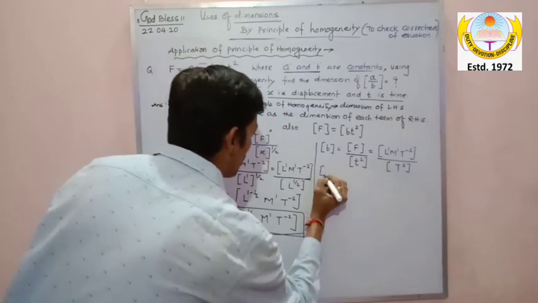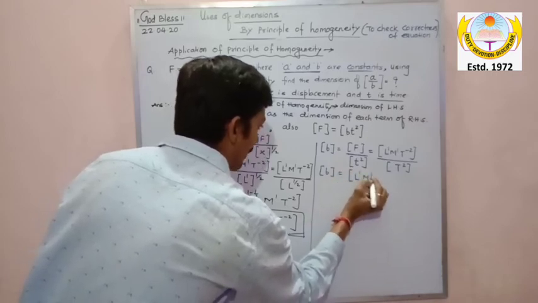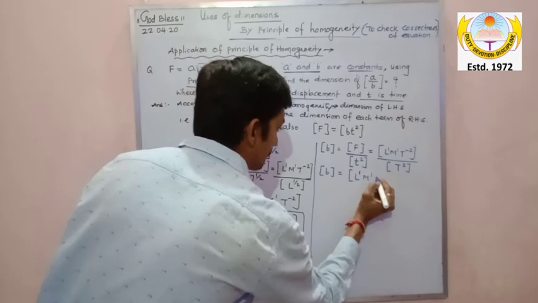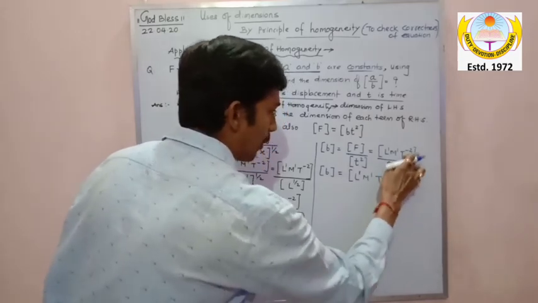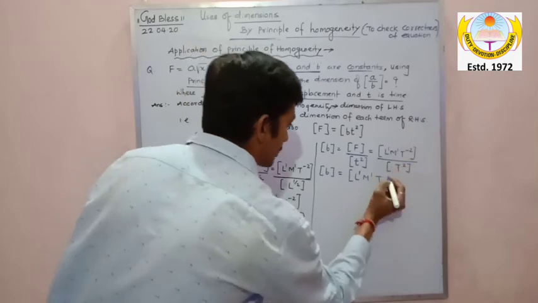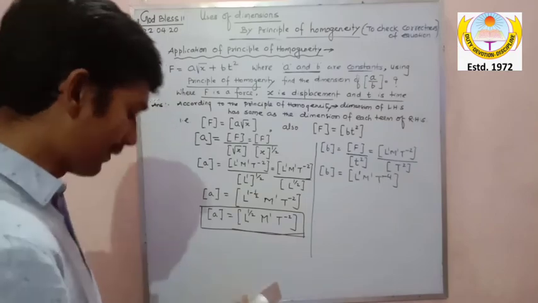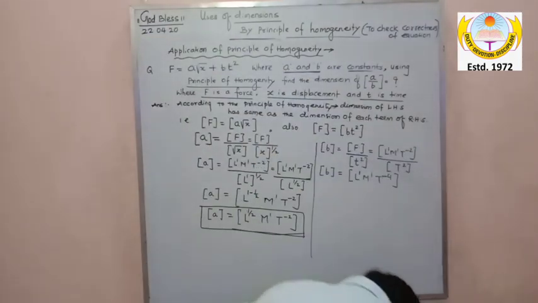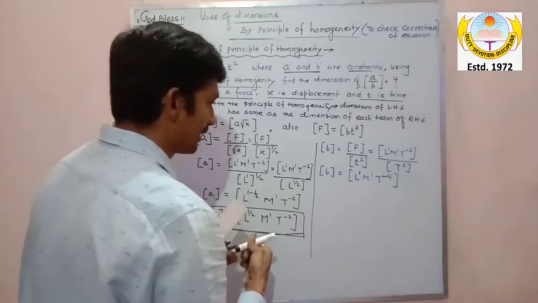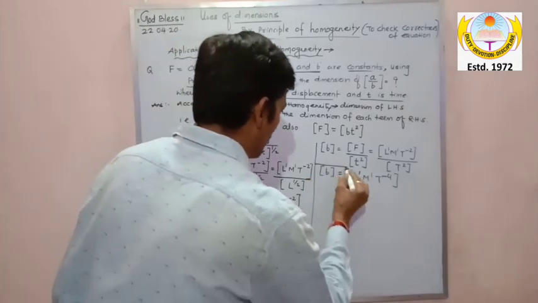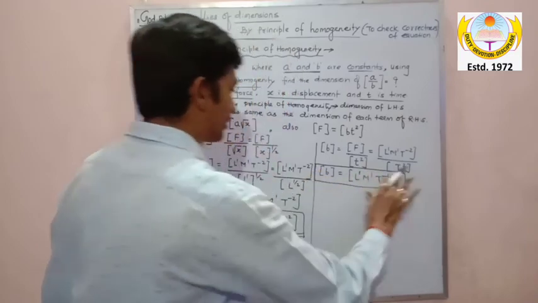So now the dimension of B will become L power 1, M power 1, and T power minus 2 and this 2 will go up, become minus 2. Minus 2 minus 2 will become minus 4. This I got as the dimension of B, and I will put it in a box like this. Whenever I get the total answer, I put it in a box.